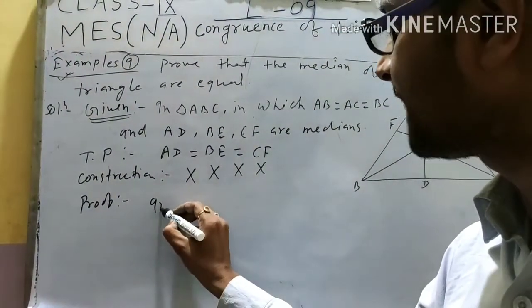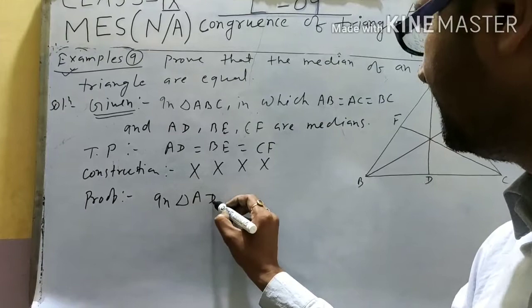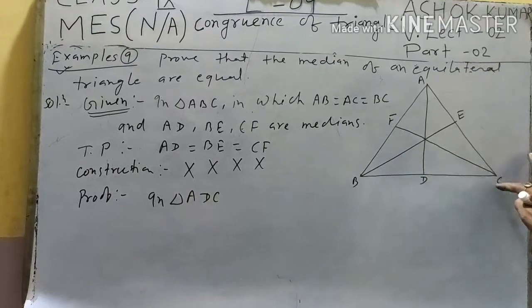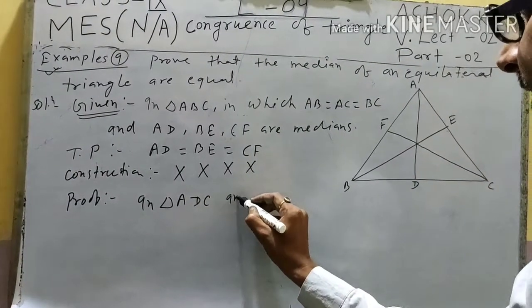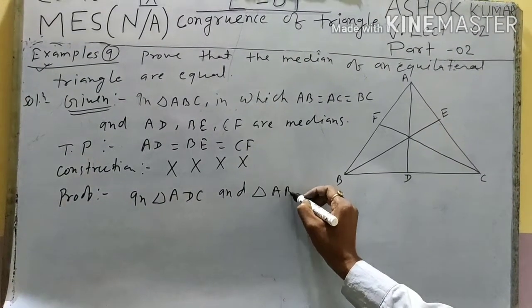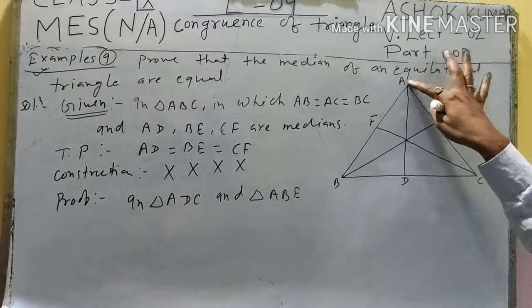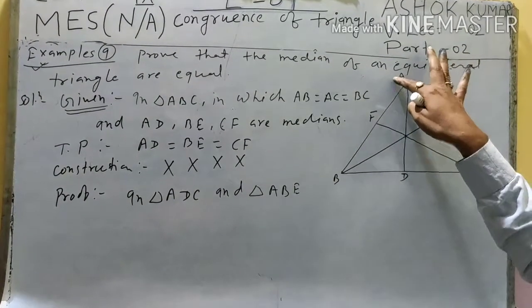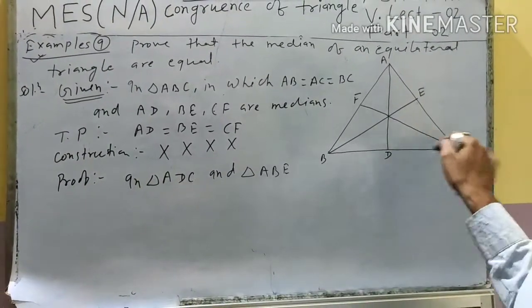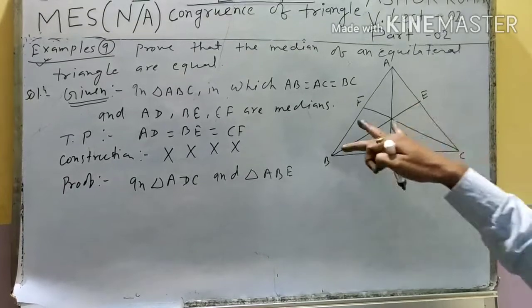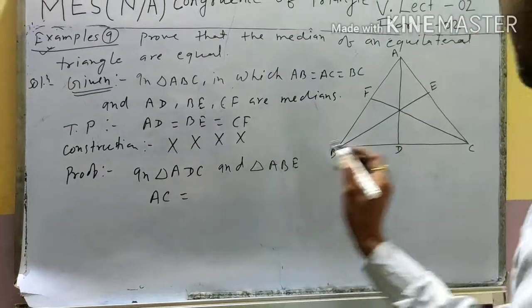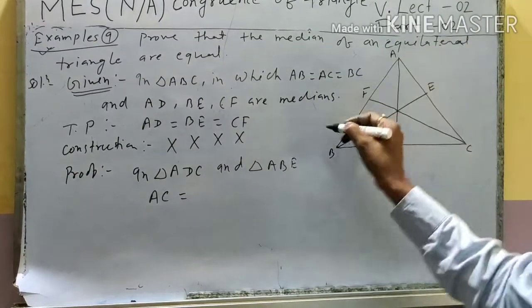Okay, in triangle ADC and triangle ABE, in these two triangles, AC is equal to AB.